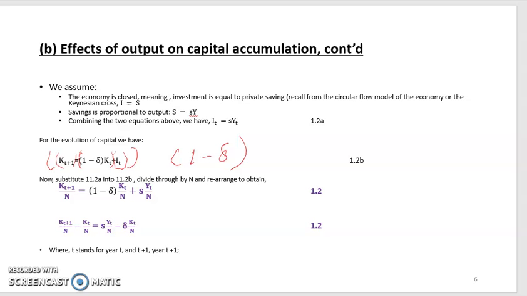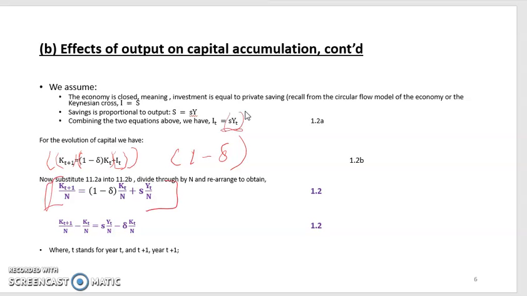So the first thing to do is replace investment by its expression above here, and then divide both sides by the number of workers in the economy in order for us to look at these factors in terms of workers. So we look at capital per worker, investment per worker, and output per worker. To do that, we get this expression here.